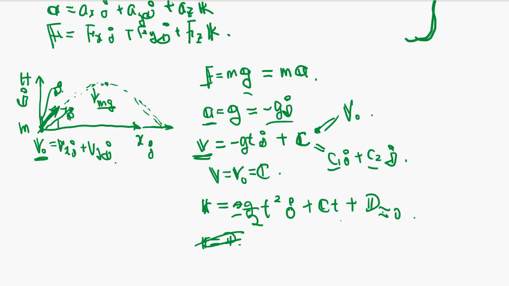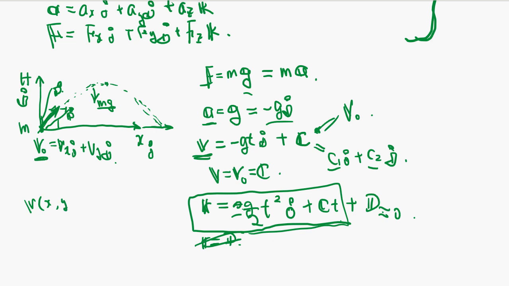Actually, this is going to be the trajectory. What do I mean by the trajectory? R, x, and, in this case, x and h, height, is given by this.